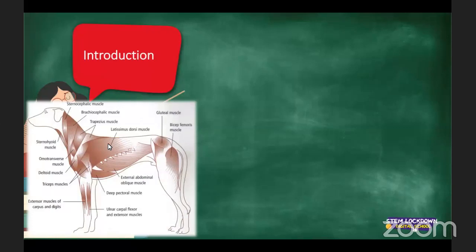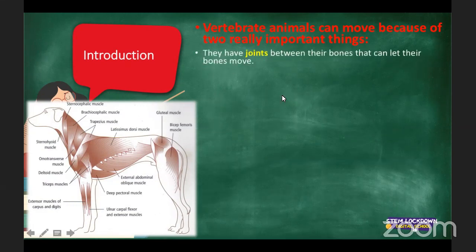As you can see, this is a picture of a dog. This picture shows us different muscles of a dog. Okay. Then there are two important parts of a vertebrate animal in order for it to move.